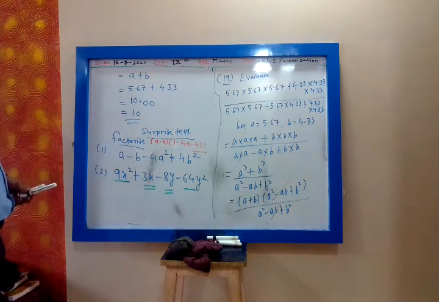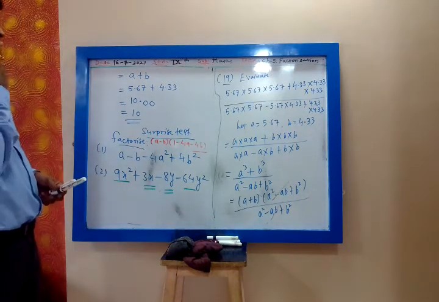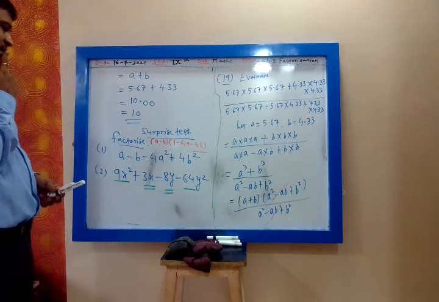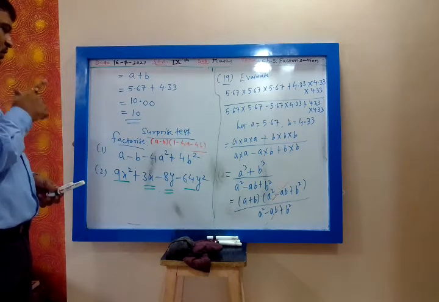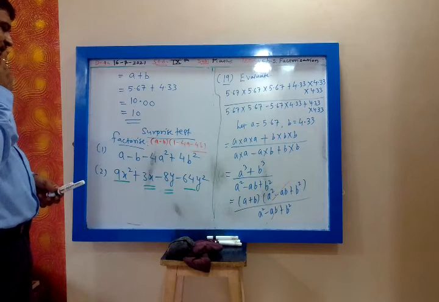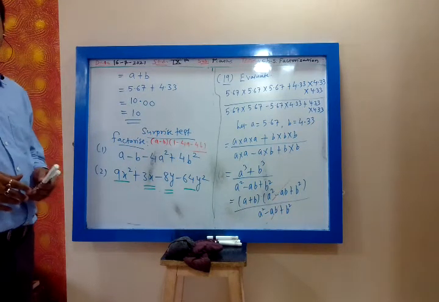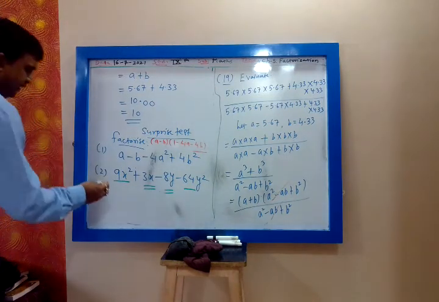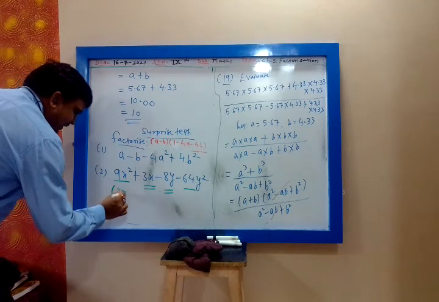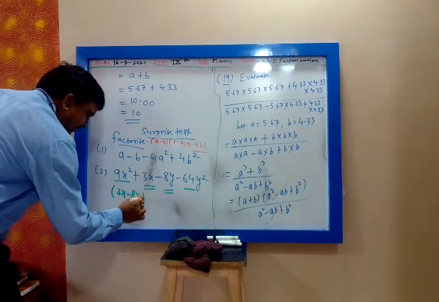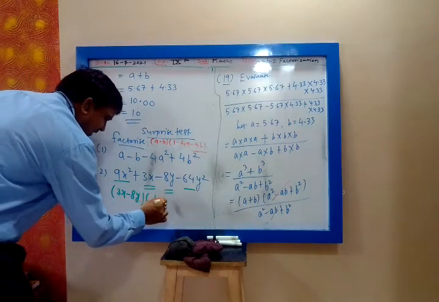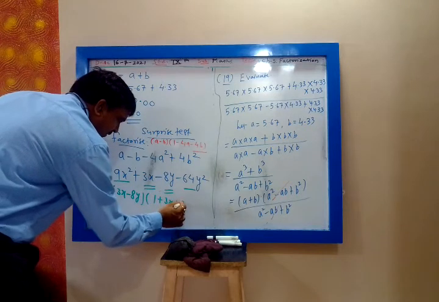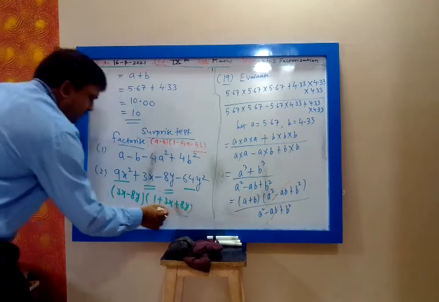So 3x minus 8y common, so 3x minus 8y into 1 plus 3x plus 8y. Yes? Okay, very good. So 3x minus 8y common, then it is 1 plus 3x plus 8y. Yes, this is the answer all of you got.